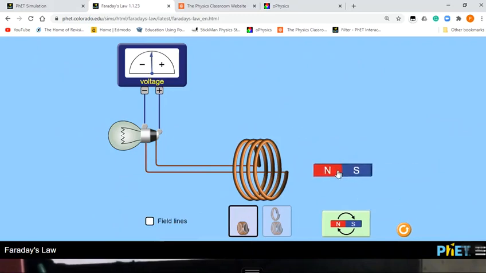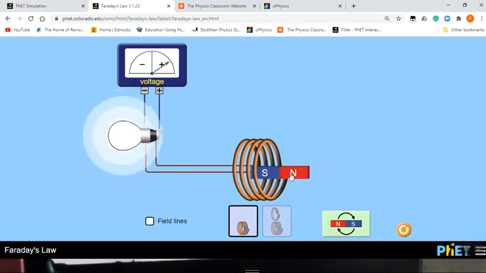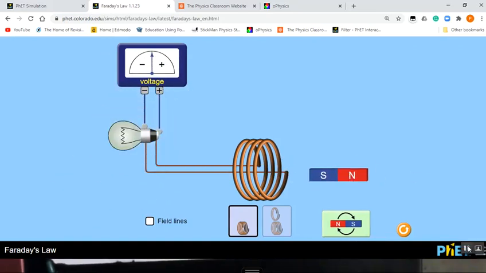Okay, so north coming towards is negative, and south coming towards gives us a positive. But if I take my north away, north going in is negative, north going out is positive, and south going in is positive, south going out is negative. Okay, so these are some of the observations that we can make by looking at this experiment.